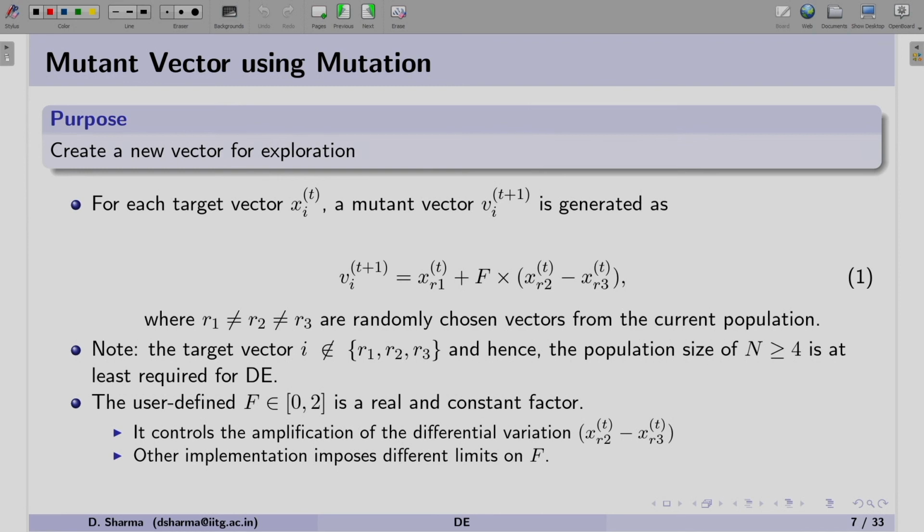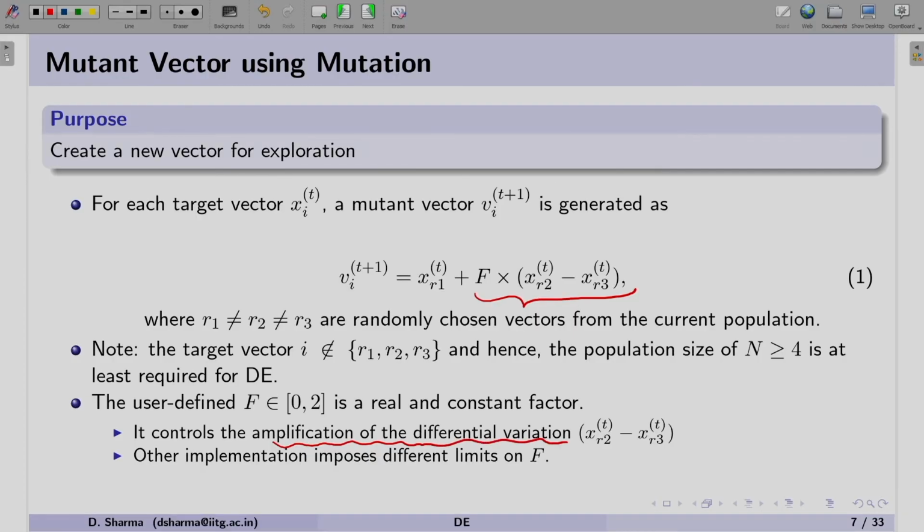Now, what is the effect of this factor f? As we can see in equation number 1 here, when we are finding the difference between the 2 vectors and multiplying by the scaling factor f, this is controlling the amplification of the differential variation.